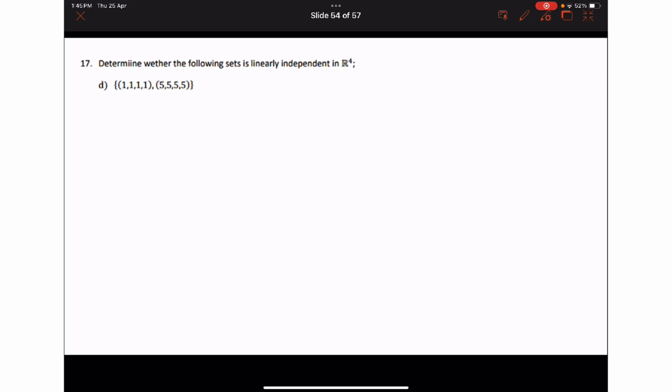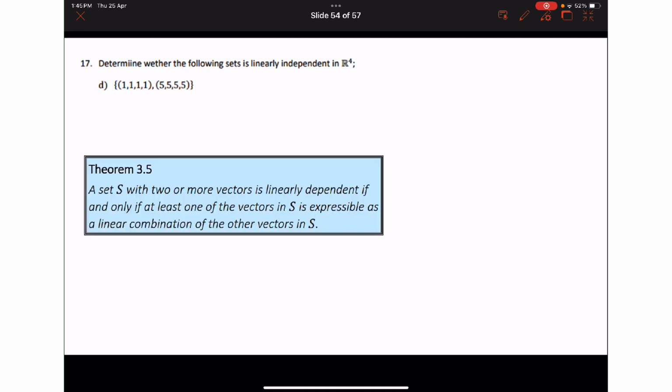In the last set, D, we are going to use the help of theorem 3.5.